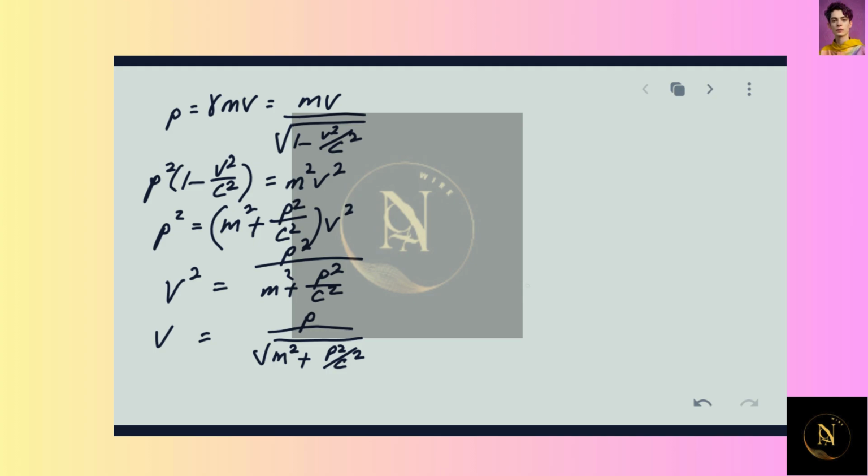Now to simplify this a bit and make it into the expression that we need from the question, we multiply the numerator and denominator by c over c, and we also divide the numerator and denominator by p, that is, multiply by 1 over p.